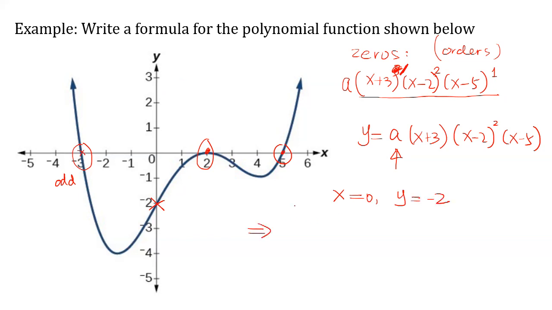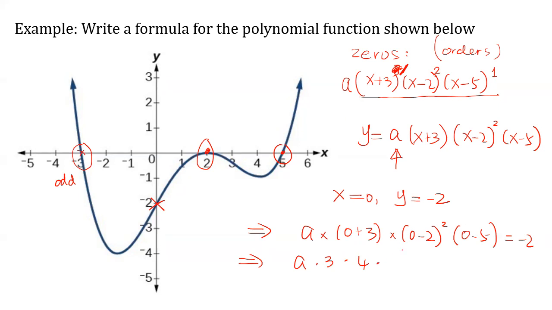This means a times 0 plus 3 times 0 minus 2 to the second, 0 minus 5 equals minus 2, right? And this will give us a times 3 times 4 times minus 5 is minus 2, right?